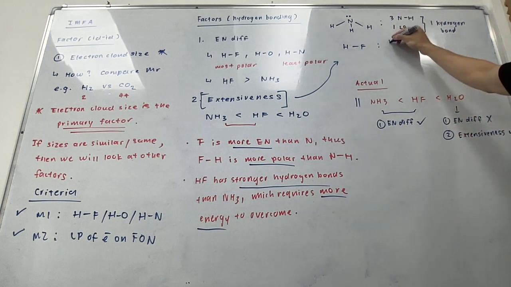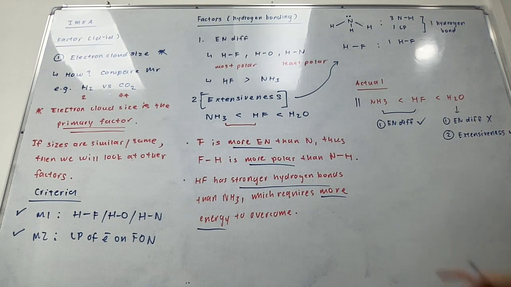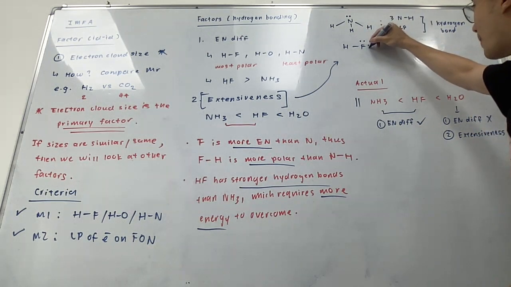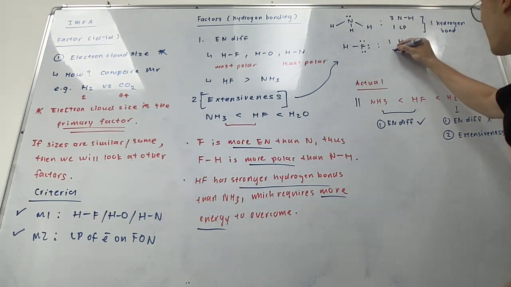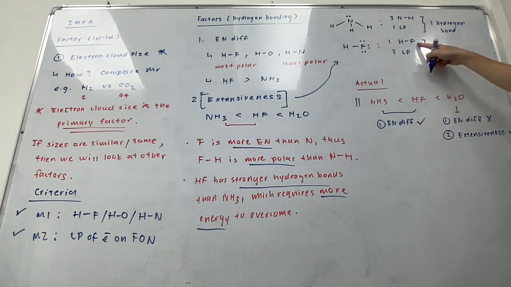So if you have one HF bond, how many lone pairs are there on F? Look carefully. 3. F has 7 valence electrons, so you have 3 lone pairs. But once again, how many hydrogen bonds will this allow you to form? 1. You can think of it as a limiting factor. 1 hydrogen bond formed only. Make sense?